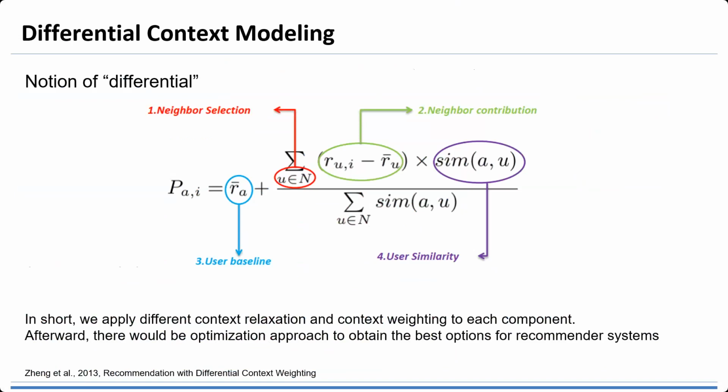The notion of differential here is that we want to apply different context relaxation and context weighting to each of the components. So the user baseline will be differentiated.